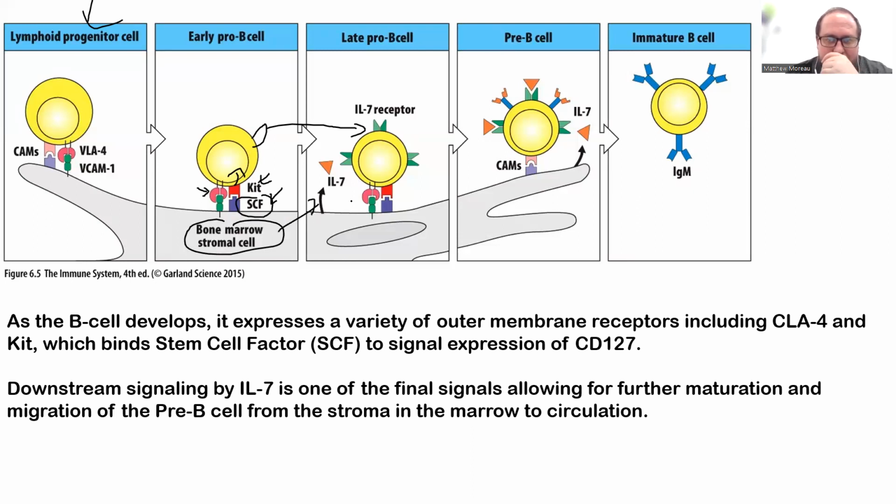This is the triggering event that downstream activates a JAK-STAT cascade, which then activates the genes for pre-B cell development of the B cell receptor heavy chain. And then as the heavy chain continues to mature and show stability, it activates the alpha chain, or the light chain, in order to develop a fully functioning immature B cell that is naive.